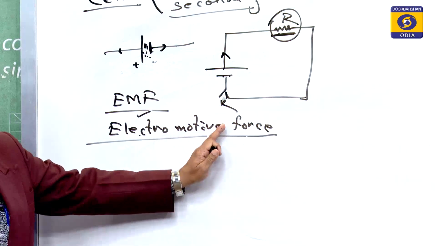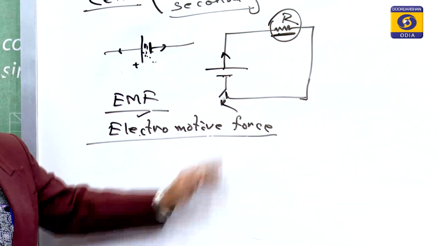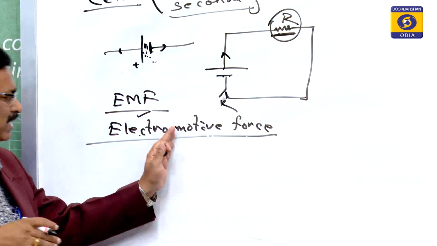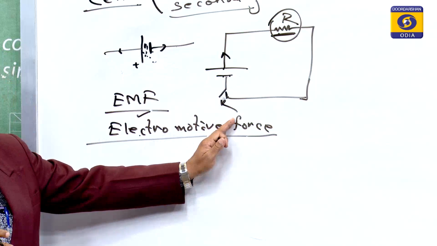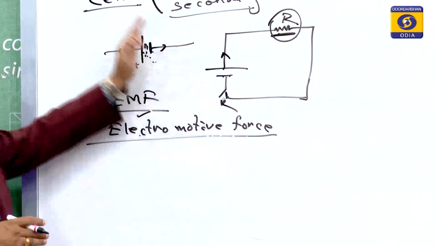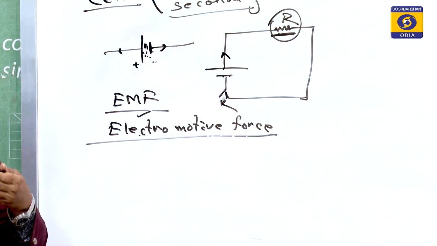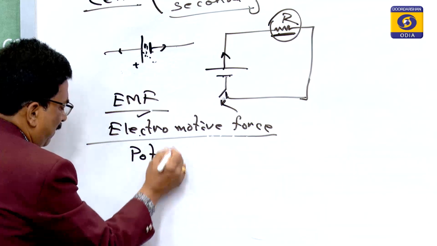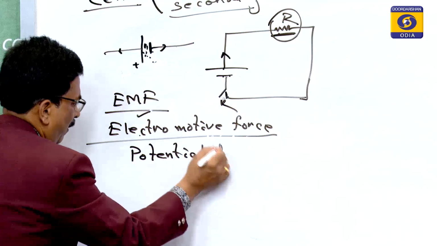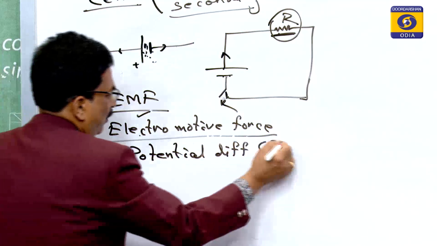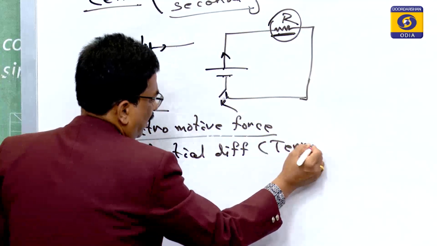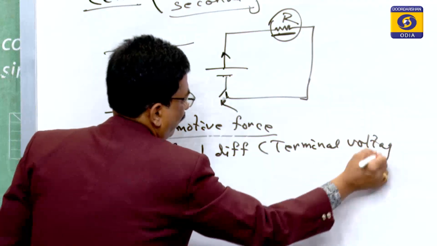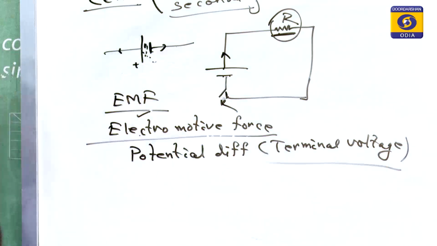It is that agency which helps to move the electrons through the circuit, then that is known as the EMF. And when this cell is in the closed position, it will produce the potential difference, which is also known as the terminal voltage.